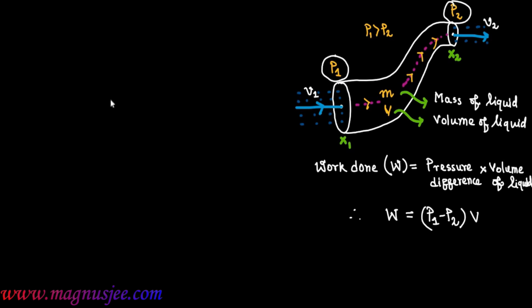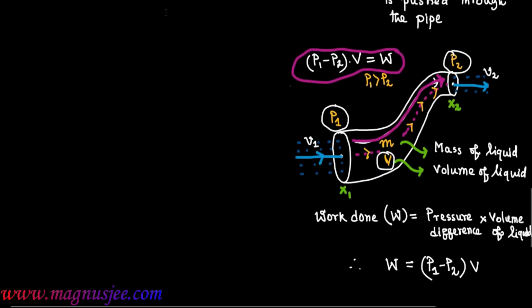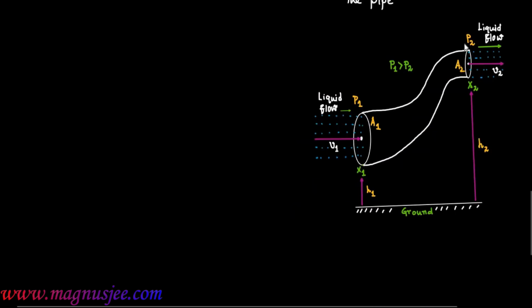Here P1 and P2 are the pressures at the ends x1 and x2. P1 minus P2 into V will be equal to the work done in pushing the liquid from the end x1 to x2.